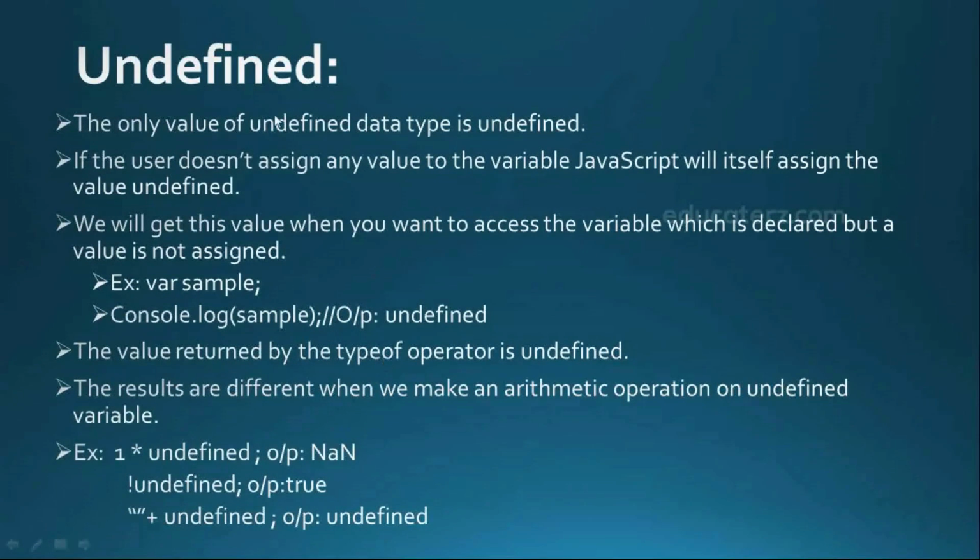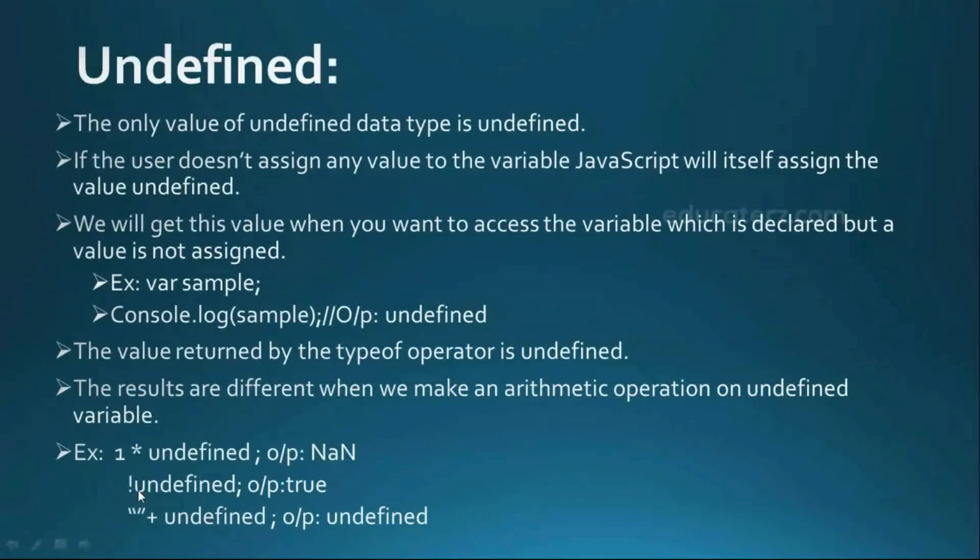So the typeof operator returns the value as undefined. Here the results are different when we make an arithmetic operation on undefined variables. As in this example, you can check when I multiply the variable undefined with the value 1, it gives me the output as NaN, not a number.